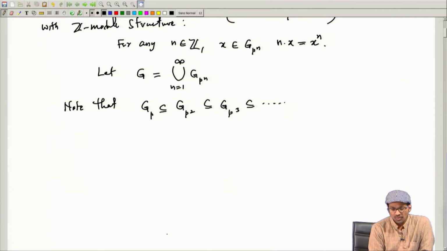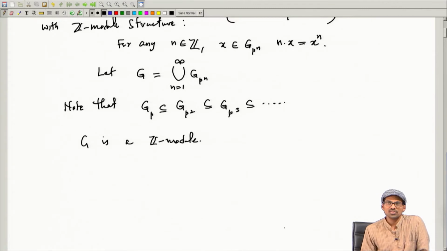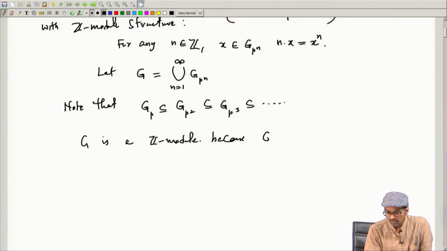And also G is a Z-module. Okay. Why? Because G is also an abelian group.